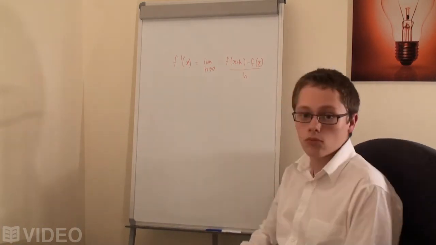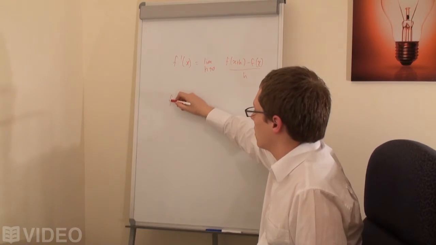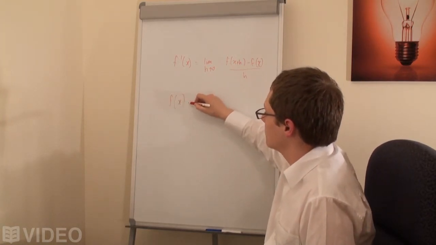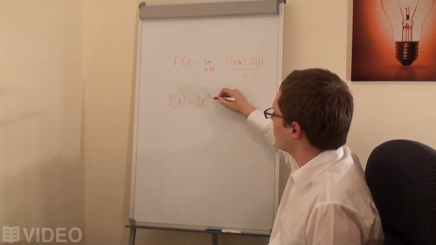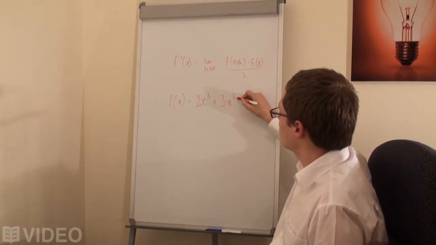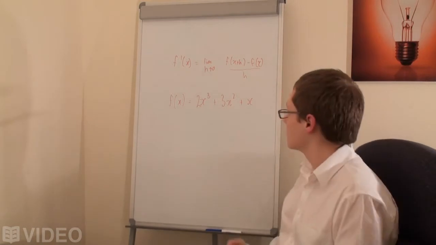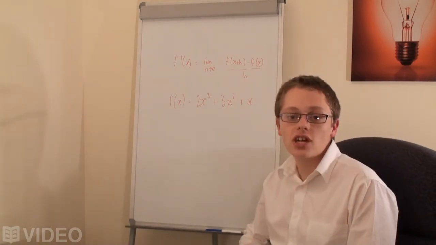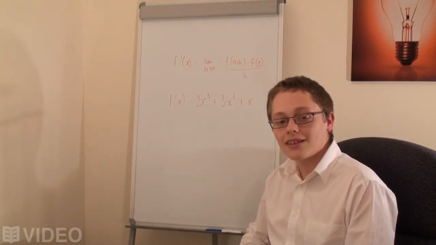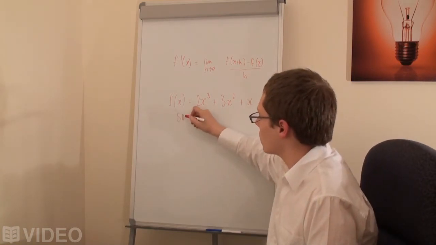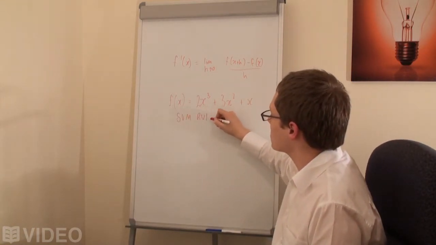Well, let's say that we had a function 2x to the 3 plus 3x to the 2 plus x. And we wanted to differentiate it. Well, guess what? There is a thing called the sum rule, apart from the power rule that we just learnt.